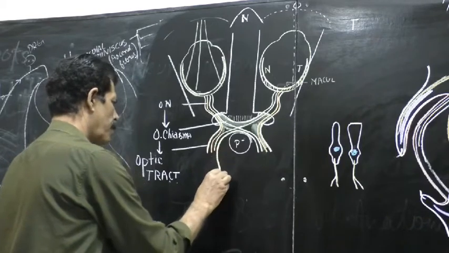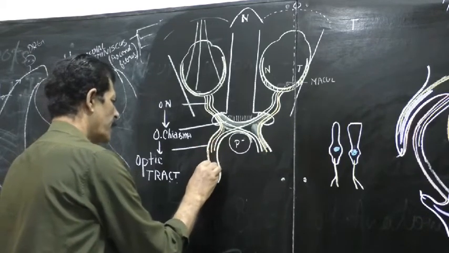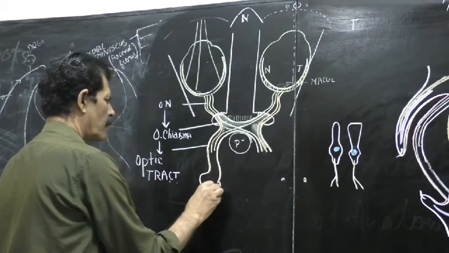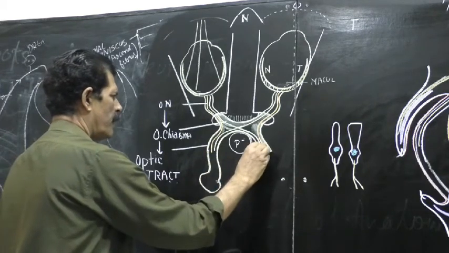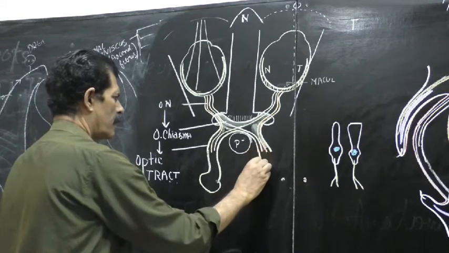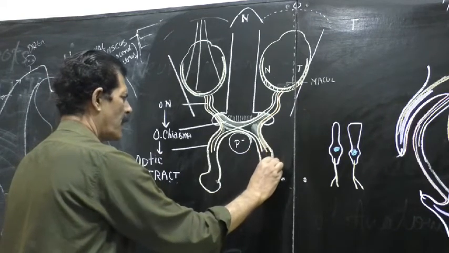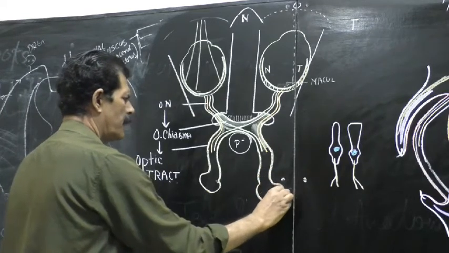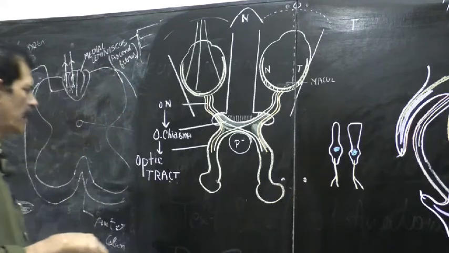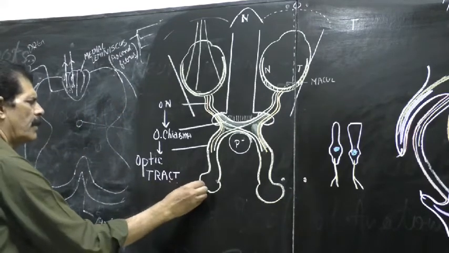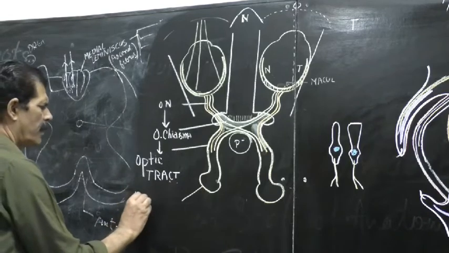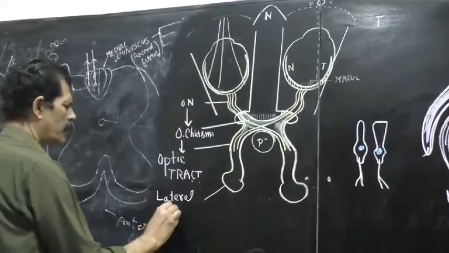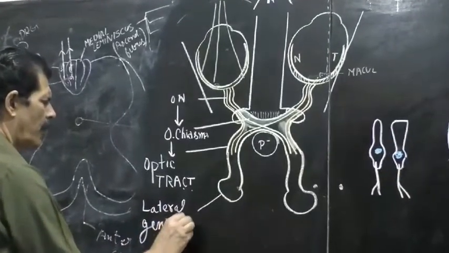Now this optic tract so formed goes to the posterior surface of the thalamus, that is called the pulvinar. And in the pulvinar there is a button-like structure which is lateral in position, and this is called the lateral geniculate body.